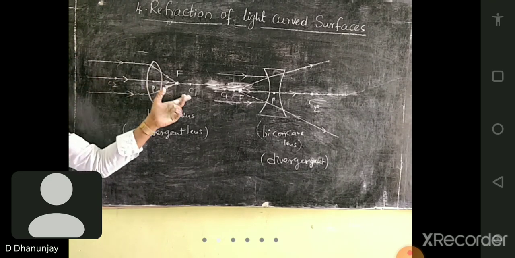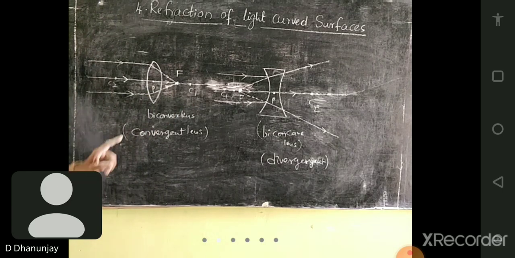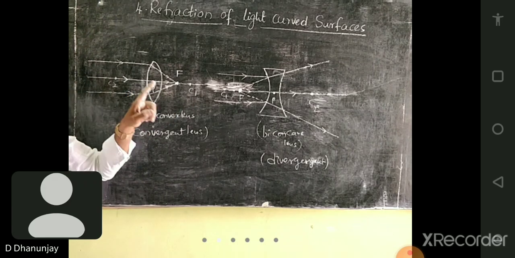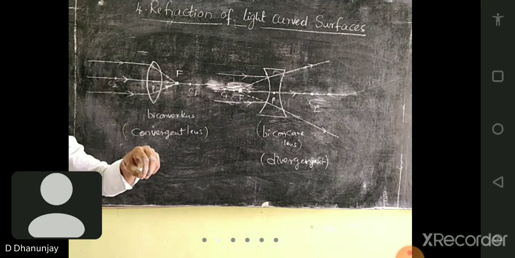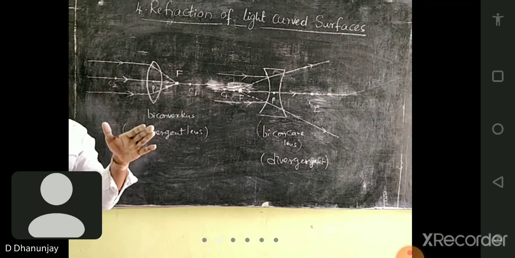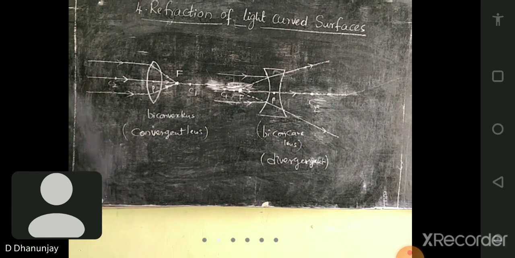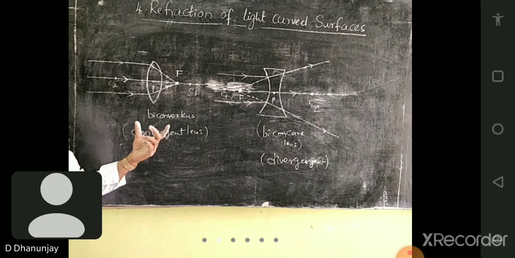For the biconcave lens, the light rays diverge, and if you extend the diverging rays backward, they meet at one point on the principal axis. You can clearly see the dotted lines; that is the focus of the biconcave lens. That's why it is called a divergent lens.